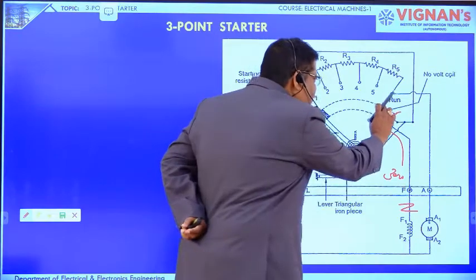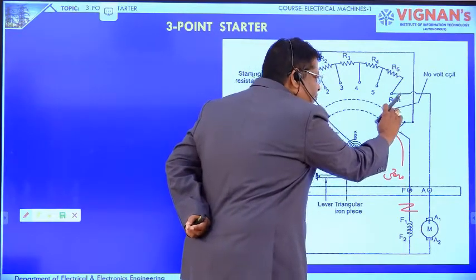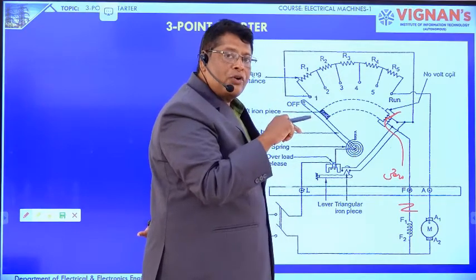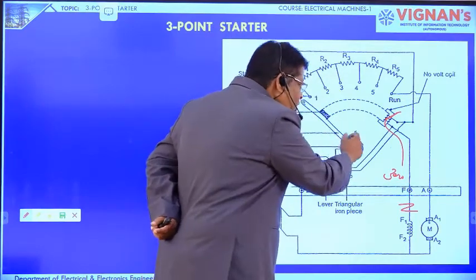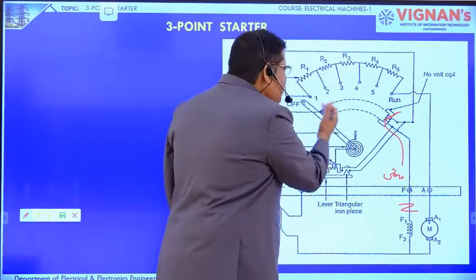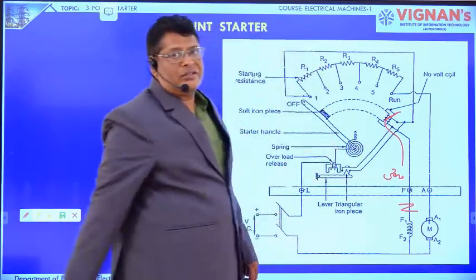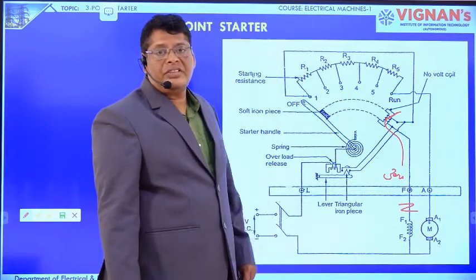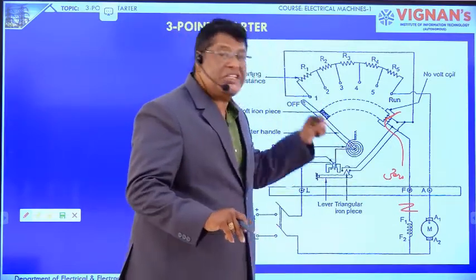So the attractive force offered by this magnet becomes zero, but the handle is operated with a spring balance. So because of the spring tension, the handle will come to the off position. If any fault occurs in the field winding, that is necessary for the DC motor.